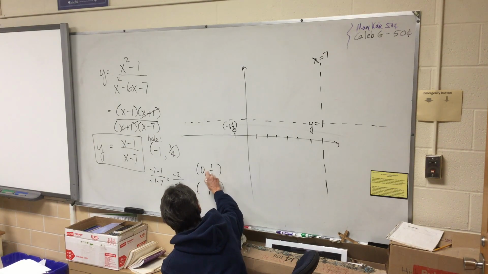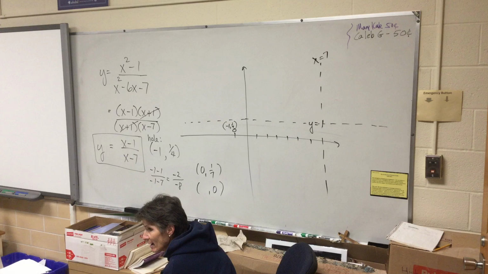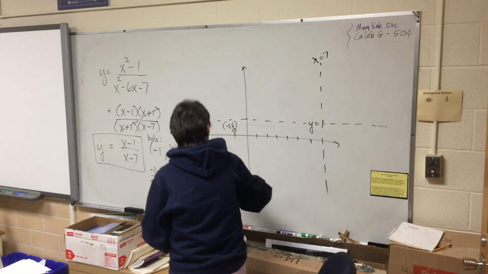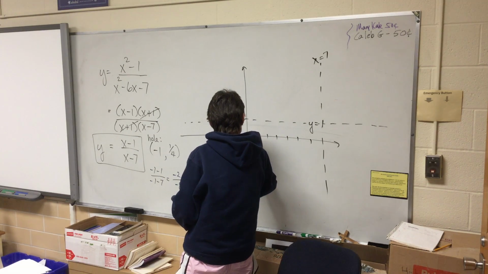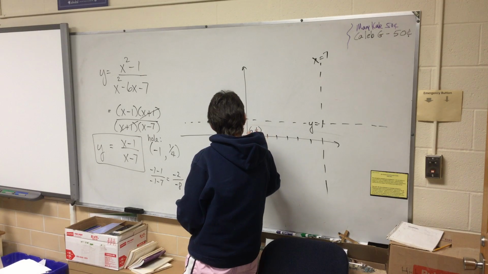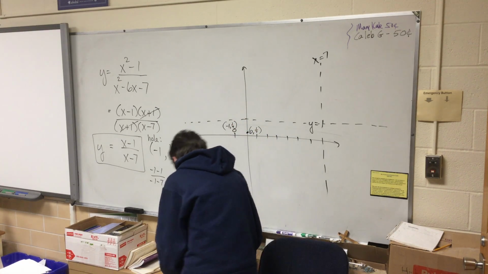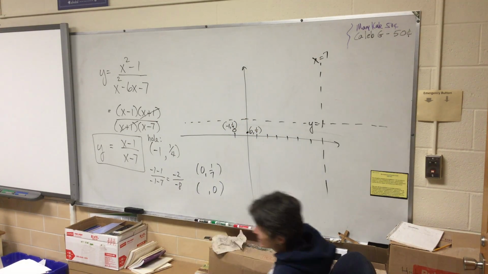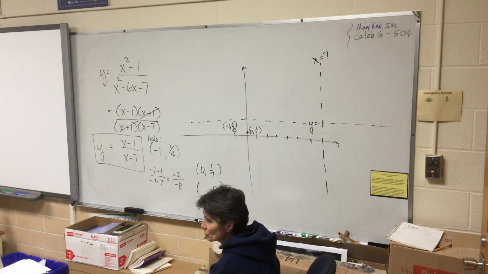Exactly. That's minus 1 over minus 7, so 1/7. So my y-intercept is right here, 1/7. I know you don't like the fractions, but it's no big deal, guys. We're not being super picky.